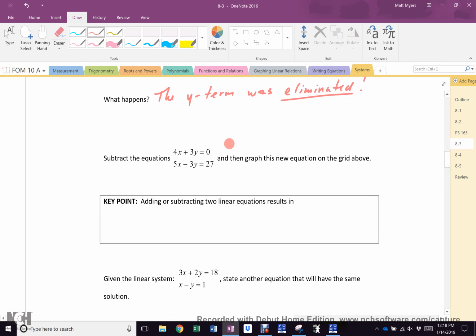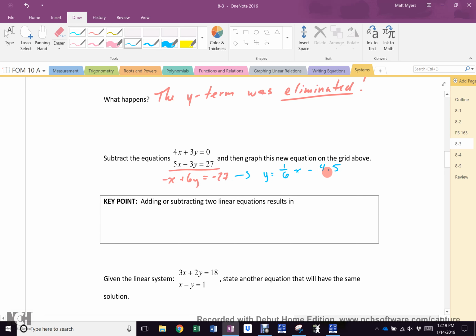Now, what would happen were I to subtract them? What is 4 minus 5? Negative x. What is 3 minus 3? Positive 6y. And 0 minus 27? Negative 27. Now, if I were to graph that, I would find that y equals 1/6 x minus 4.5.